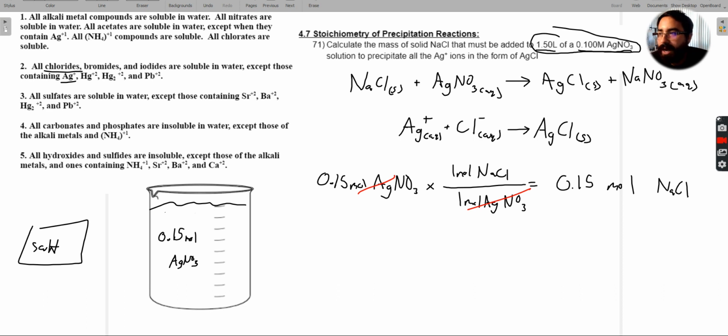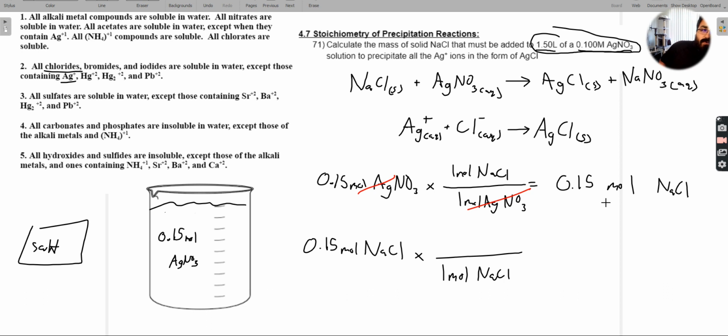So now we have 0.15 moles of NaCl. But we are looking for mass. We're looking for grams. So we need to use the molar mass. We know that 1 mole of NaCl, so Cl is 35.45 and Na is 22.99. I'll just Google the molar mass.